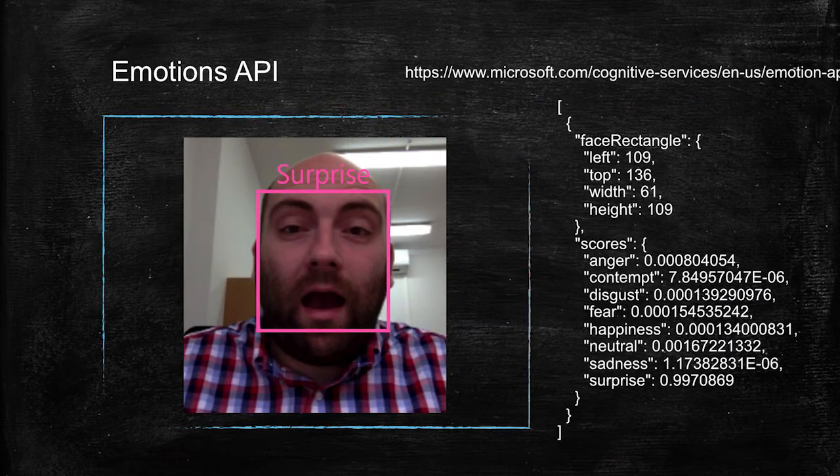So, for example, in case of the emotions API, I send the image to the cloud, and then I get the JSON, which is a text file, in which I have a single object which gives me the face location in the provided image, and also the scores, which are the probability of the given emotion in the image.